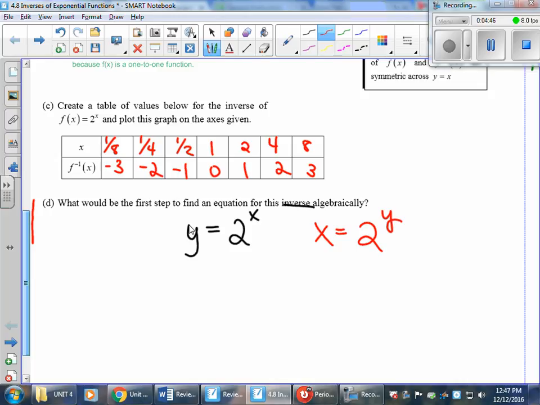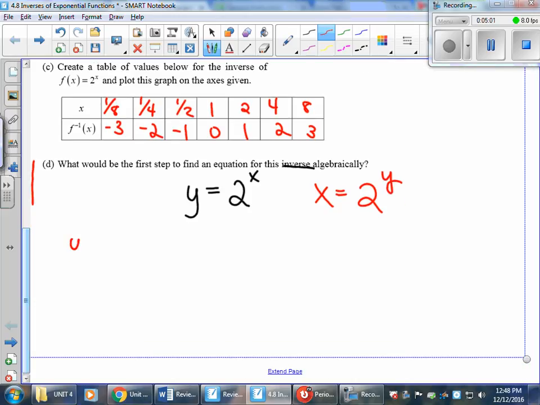But how do we solve for y when y is the exponent? We don't know how to do that. So how can we define this function? Well, I think you can say, let's do it in words.